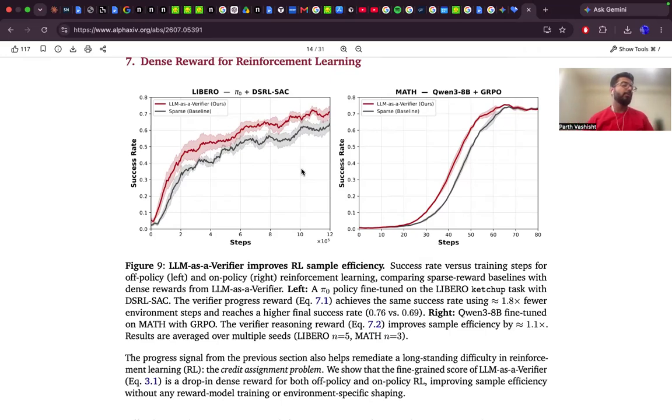So if we use an LLM as a verifier at certain steps along the way, those steps can be used to assign a score to certain parts of the rollout that we have. And that score can be a dense reward for reinforcement learning and not sparse rewards, which happens with outcome-based reward models. So we can have something like process reward models where we are not assigning a score to every token, but to parts of trajectories, which is super important.